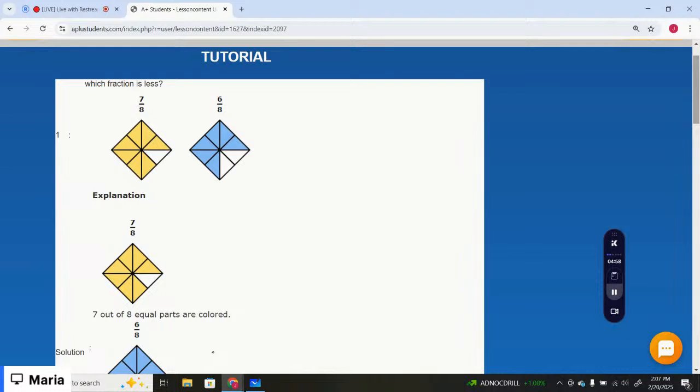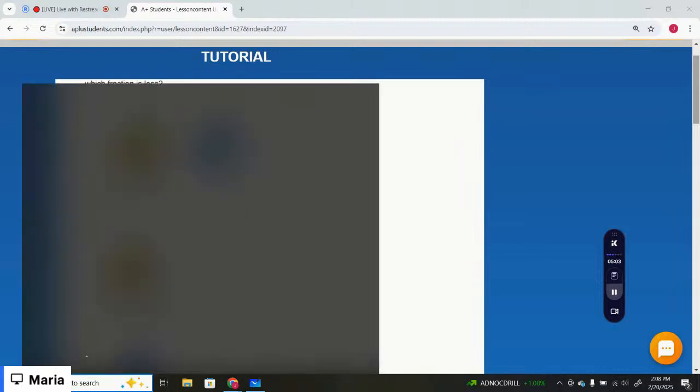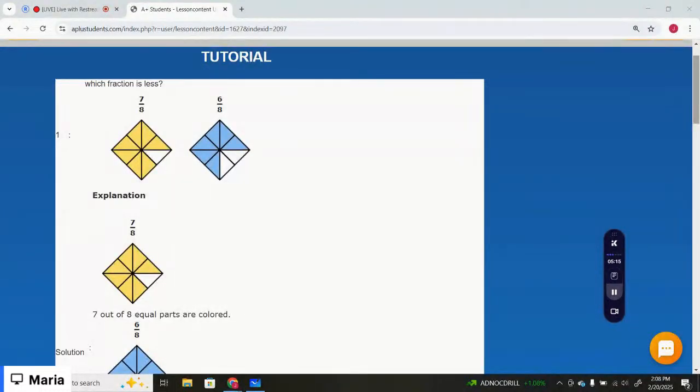So you have to see which one is less. So 6 by 8 has less portion colored than 7 over 8. So the fraction with more portion colored is greater, and the one that has less portion colored is smaller.